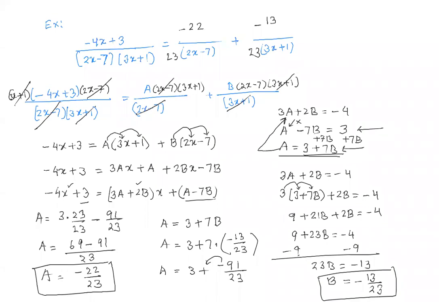Okay. Sounds good. Now I'm going to do yet another example of partial fractions. So this is slightly different. This time you have, let's say, 3x squared minus 2x plus 1 divided by, so this is a bit complex, 4x plus 7 times 2x minus 1.